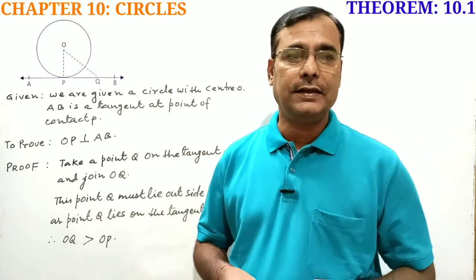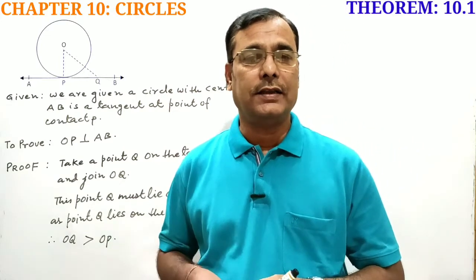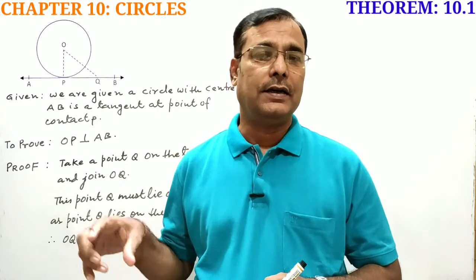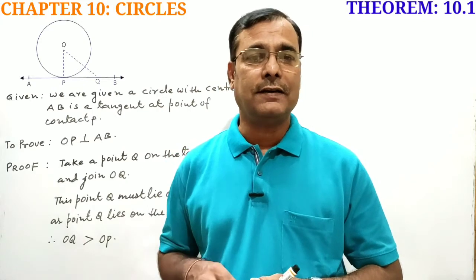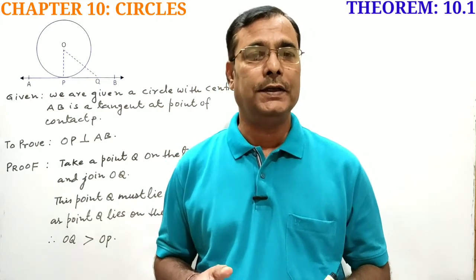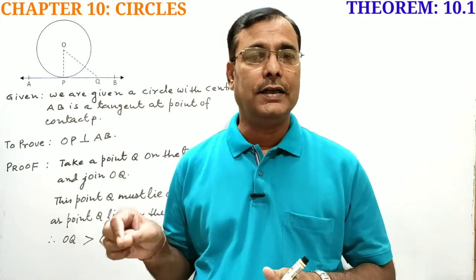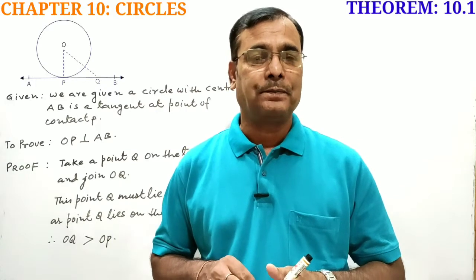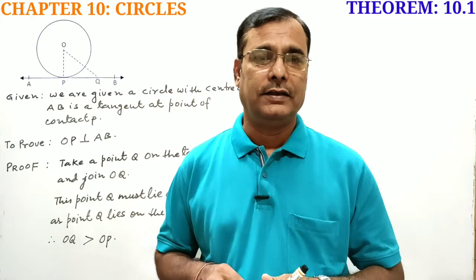And like this, if any other point, suppose R, is taken on the tangent AB and RO is joined, then the distance of point R from the center of the circle will be greater than the radius, because point R lying on the tangent AB will lie outside of the circle.